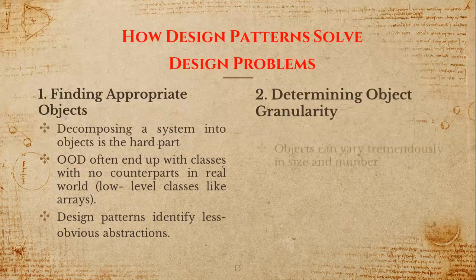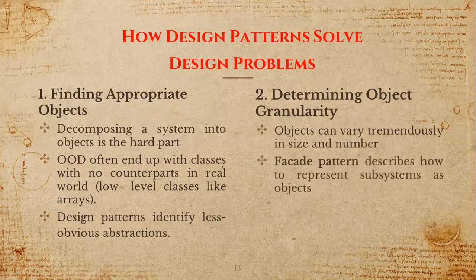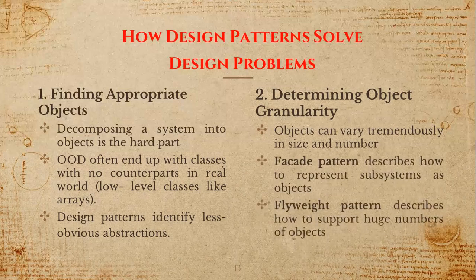problem is that we need to determine the object granularity. Objects can vary tremendously in size and number. The facade pattern describes how to represent complete subsystems as objects, and the flyweight pattern describes how to support huge numbers of objects at the finest granularities.